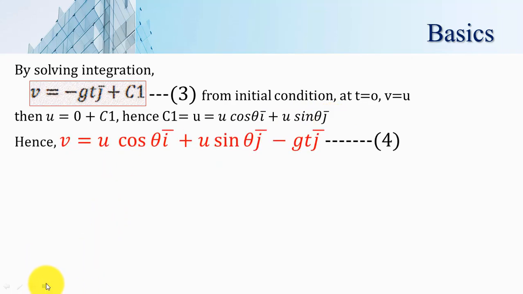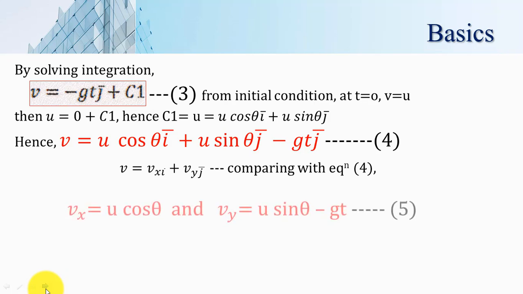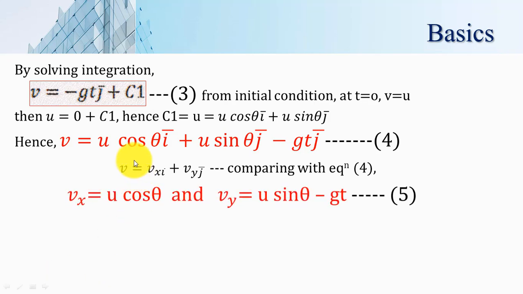By putting that term into the equation of velocity, we get the final velocity as u cos theta i plus u sin theta j minus g t into j. We can rearrange this and write it in the form of vx i plus vy j. So we get vx equal to u cos theta and vy equal to u sin theta minus g t.